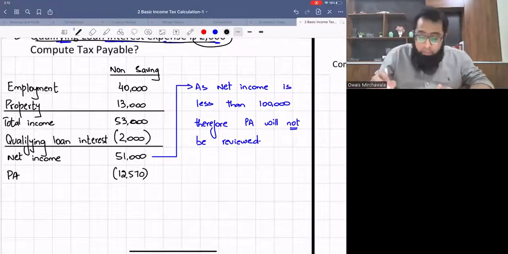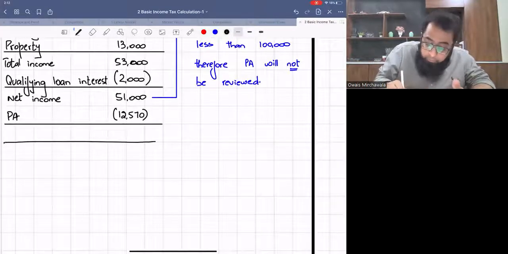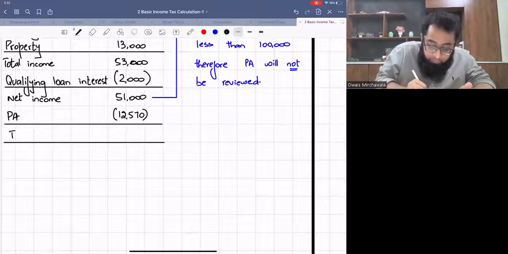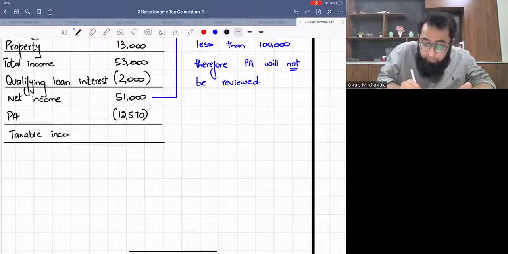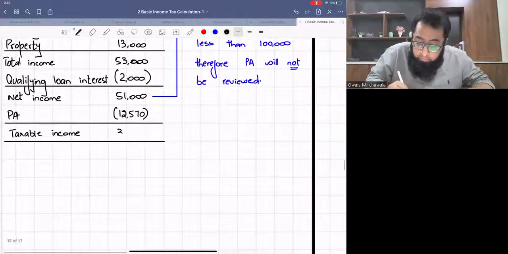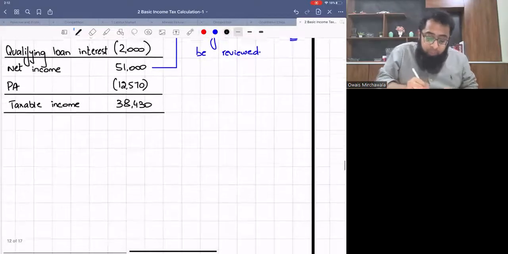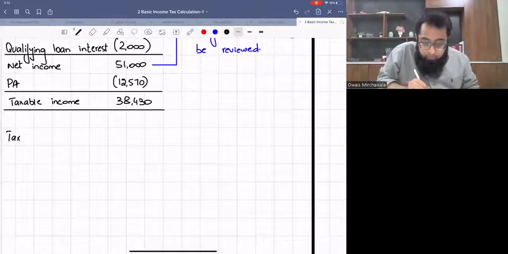Now, this gives us the taxable income of how much? 51,000 minus 12,570. So the taxable income is 38,430. Now we will apply tax on it.